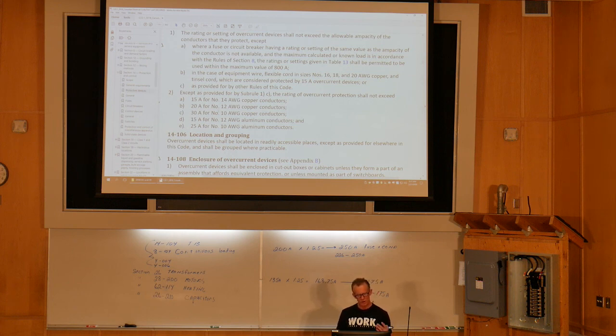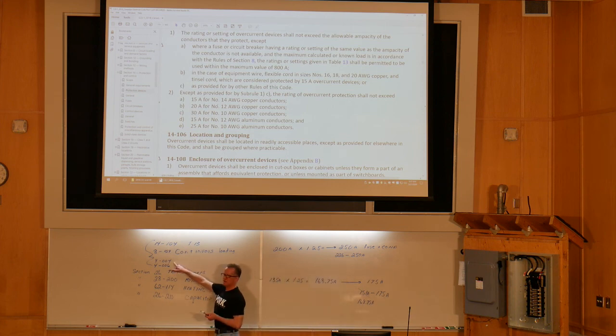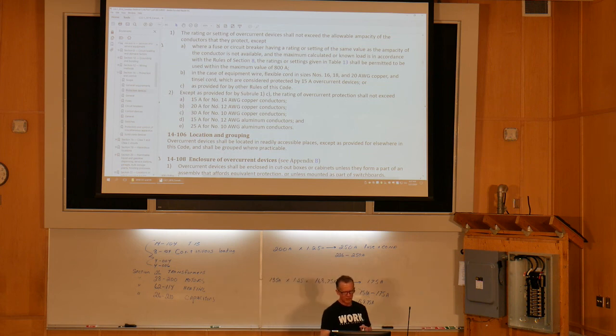Now, this is the part you've got to understand, you guys. If we just take a quick peek here at 4-004 in table 2, when we look here, it's very restrictive. Unless you're in these other rules of the code, the maximum breaker size that you can put on a number 14 is 15 amps.